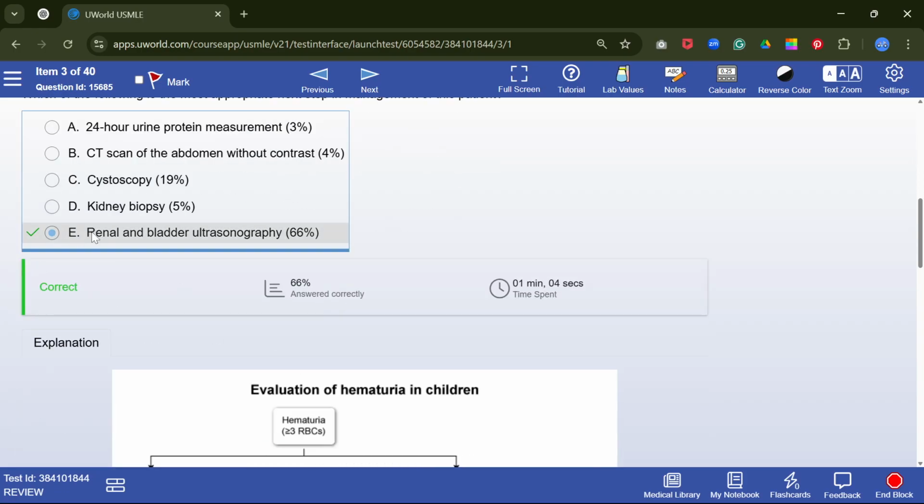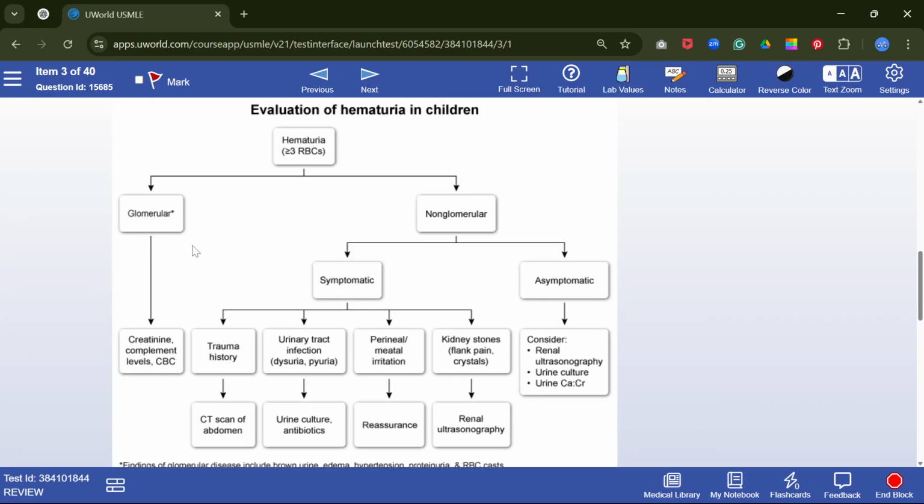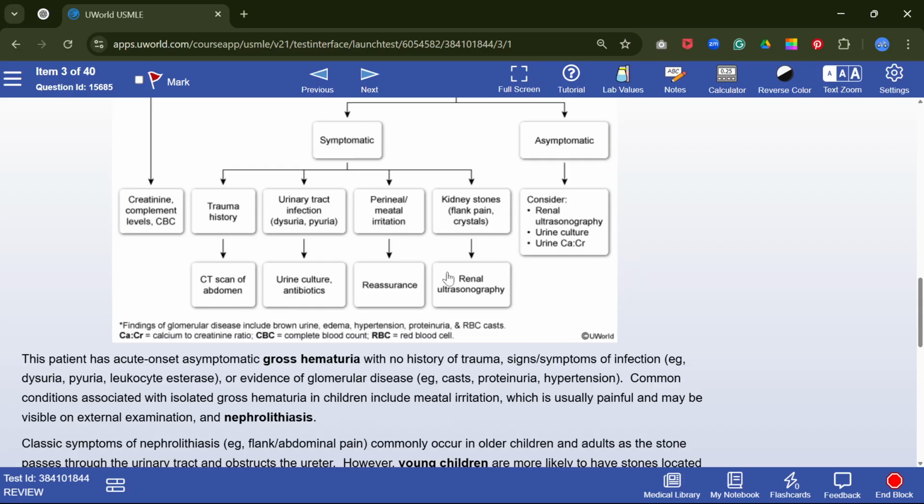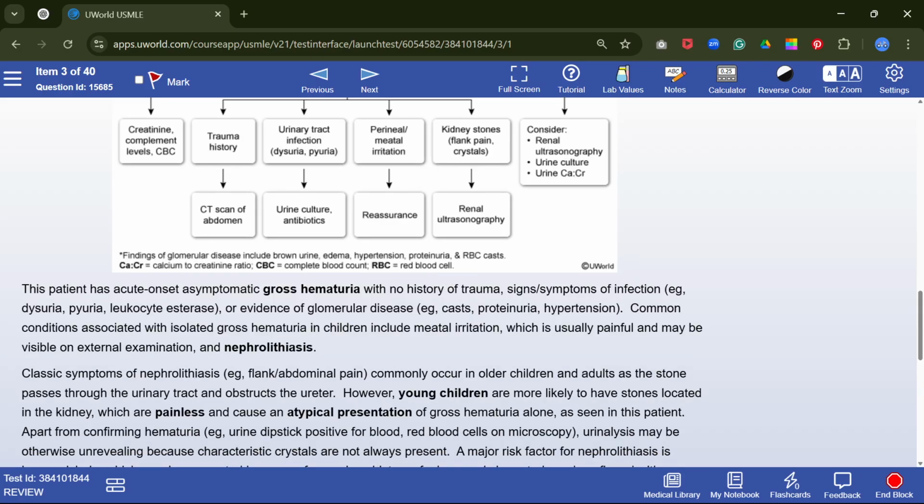So it is renal and bladder ultrasonography. This is gross hematuria with no history, signs, or symptoms of infection, and no evidence of glomerular disease. Common associations of isolated gross hematuria in children include meatal irritation, which is painful and may be visible on external examination.